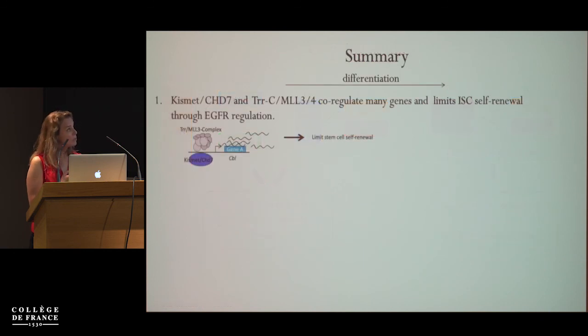Okay, so I'm just going to summarize here. In the first part of my talk, I told you that we identified this gene kismet in a genetic screen, that it's the fly ortholog of CHD7 in mammals, and that we believe it functions in a coordinated way with trithorax-related complex, or MLL3-4. They co-regulate many genes and co-bind in the genome, and one of the important target genes, at least for stem cell biology in our context, is this gene CBL that's important to limit stem cell self-renewal.